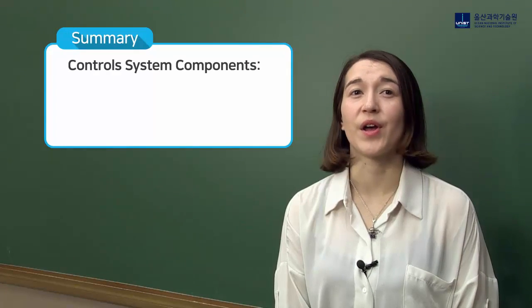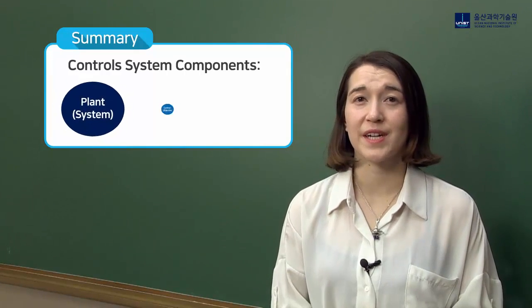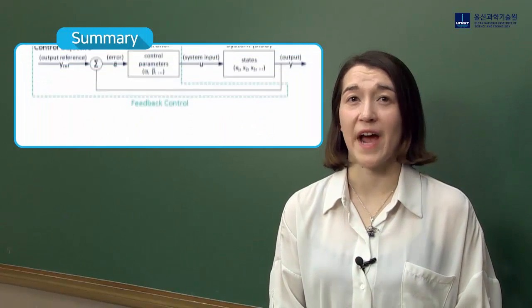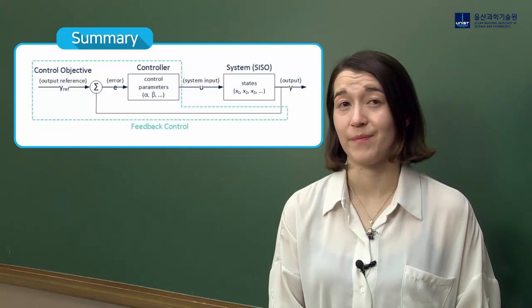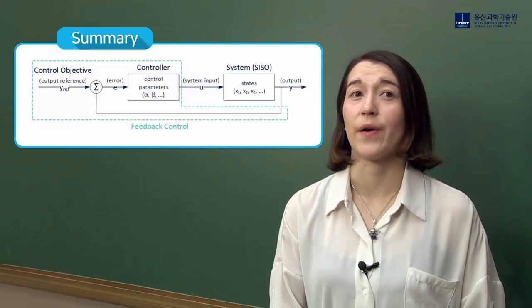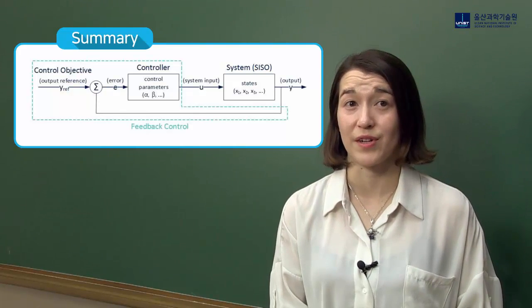To summarize, our three control system components are the plant, control objective, and controller. You can see them here in our diagram for a feedback control system. In our simple example of a DC-DC converter used to power a mobile phone, our plant input is the converter's switch duty ratio.